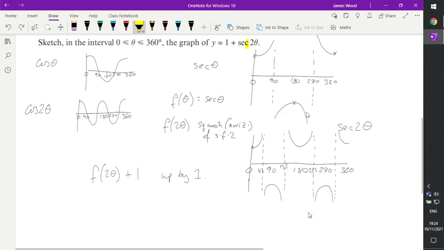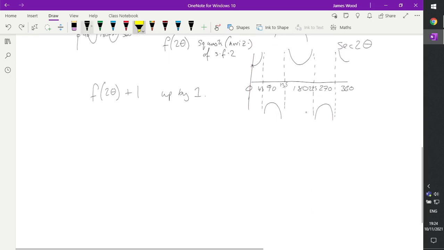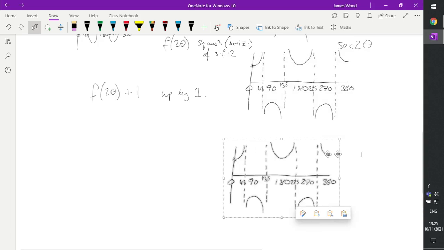Now the last transformation to do is to take that graph and shift it all up by 1. Okay, so it's going to look approximately the same as this. Actually, no. Yeah, let's copy this one, and then I'm going to edit this diagram. Okay, so it's all going to be moved up by 1.